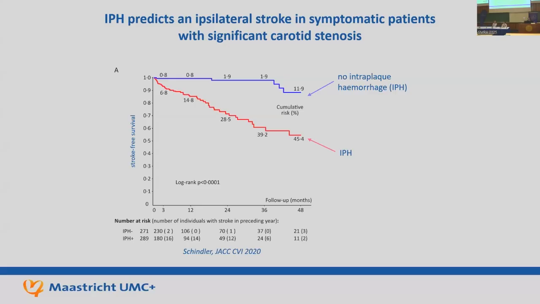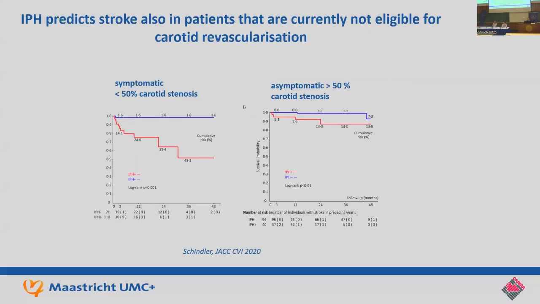This was not only the case in symptomatic patients with significant carotid stenosis, but strikingly, you can see that also in symptomatic patients with less than 50% carotid stenosis, the stroke risk, if they have intraplaque hemorrhage, is actually very similar to that of symptomatic patients with intraplaque hemorrhage and significant stenosis.